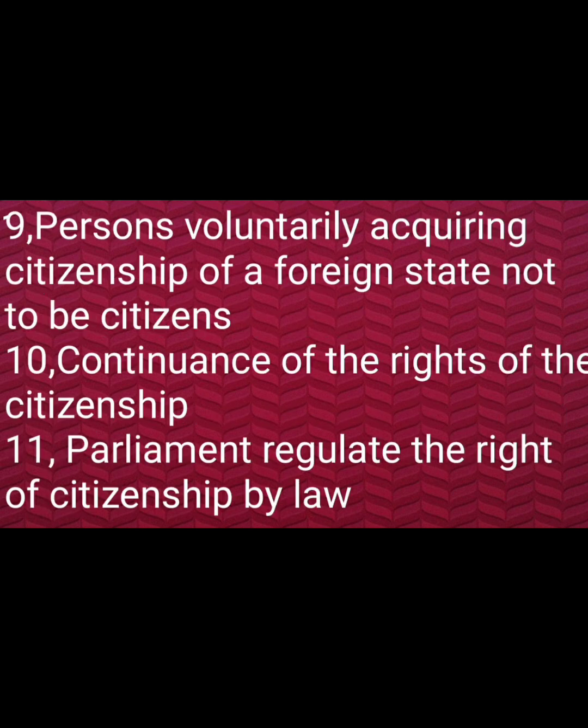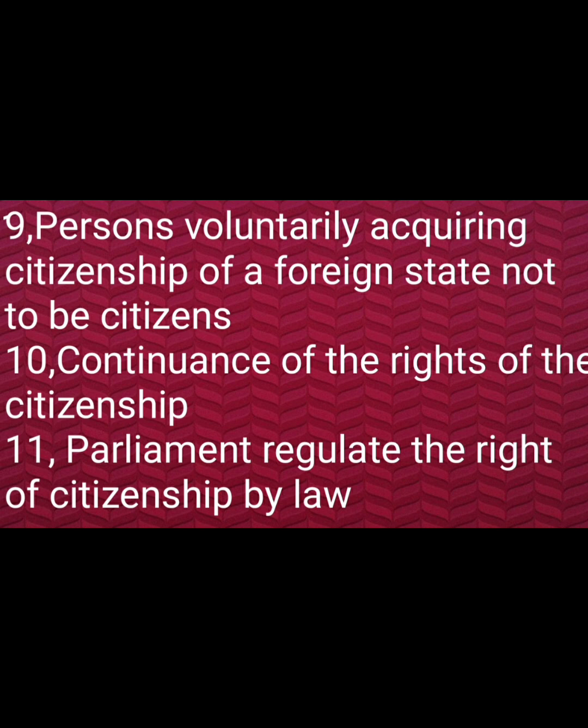Article 9. Persons voluntarily acquiring citizenship of a foreign State not to be citizens. No person shall be a citizen of India by virtue of Article 5, or be deemed to be a citizen of India by virtue of Article 6 or Article 8, if he has voluntarily acquired the citizenship of any foreign State. Article 10. Continuance of the rights of citizenship.